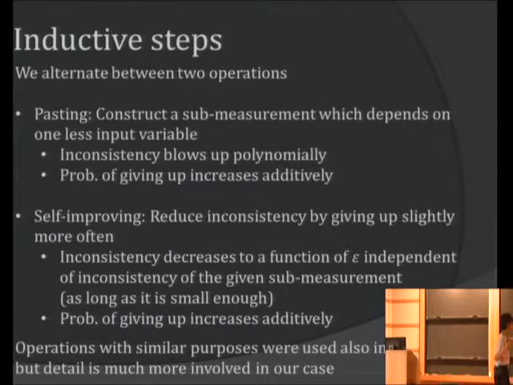We interleave this pasting process with a self-improvement process. By self-improving, the inconsistency decreases to a function of the acceptance probability of the original strategy, and the probability of giving up increases slightly, but not too much.